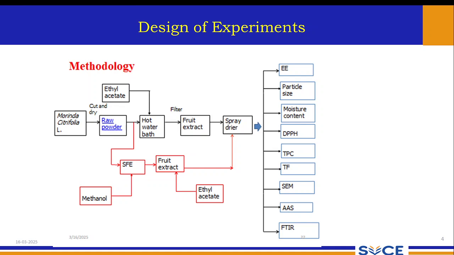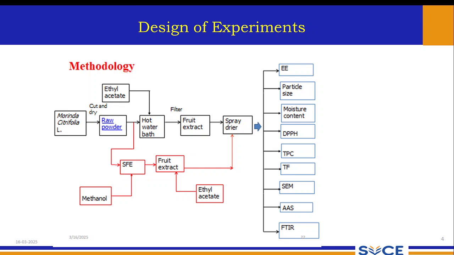DPPH is diphenyl picrylhydrazyl, which will quantify the antioxidant activity, and the total phenolic content and total flavonoid content also talk about the antioxidant potential. Scanning electron microscope for surface morphology, atomic absorption spectroscopy, and FTIR, Fourier transform infrared spectroscopy, for functional group determination.